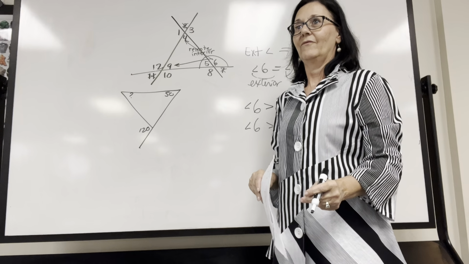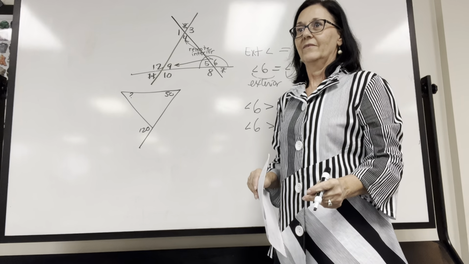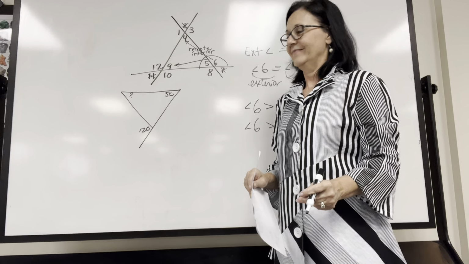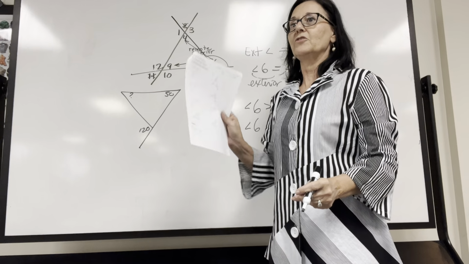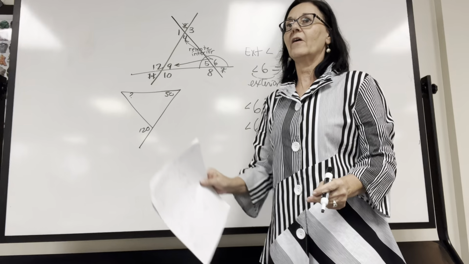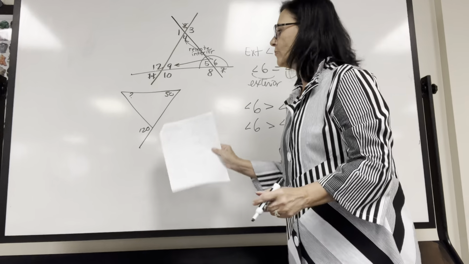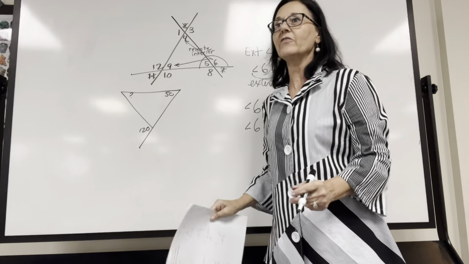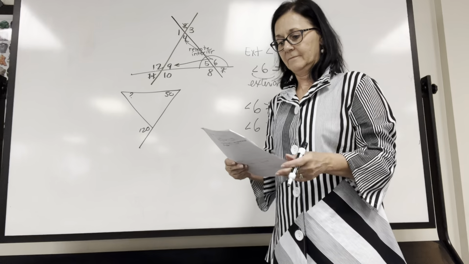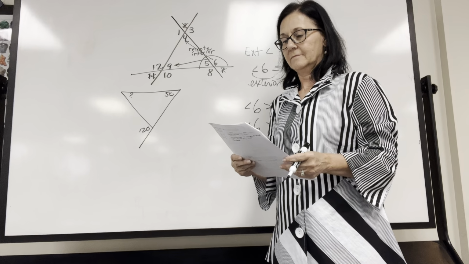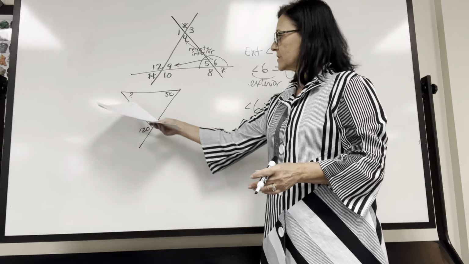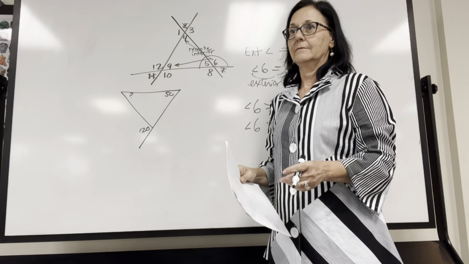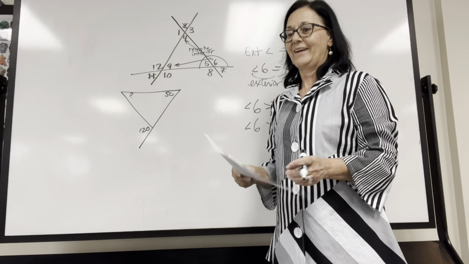Then the linear pair, the other angle equals. I don't want you to use linear pair. I want you to use an exterior angle equals the sum of the remote interior angles. So 120 has to equal the sum of that plus that. Exactly. There we go. Thank you.